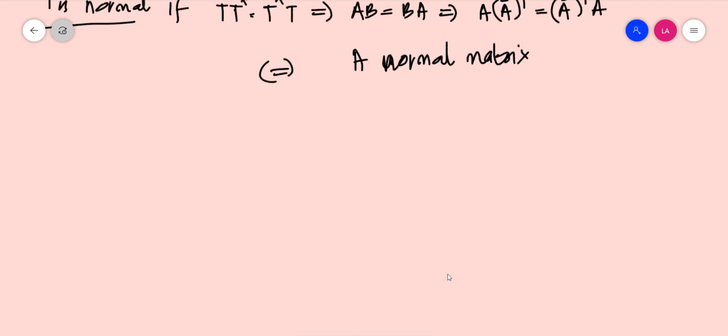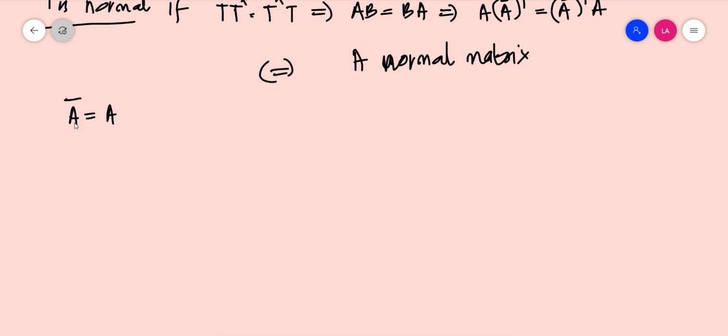But the similar definition can be interpreted in terms of the real matrices as well. In the case of real matrices, if T is defined on, let's say, Rn onto Rn, then A conjugate is actually A, because the conjugate of a real number is a real number itself.